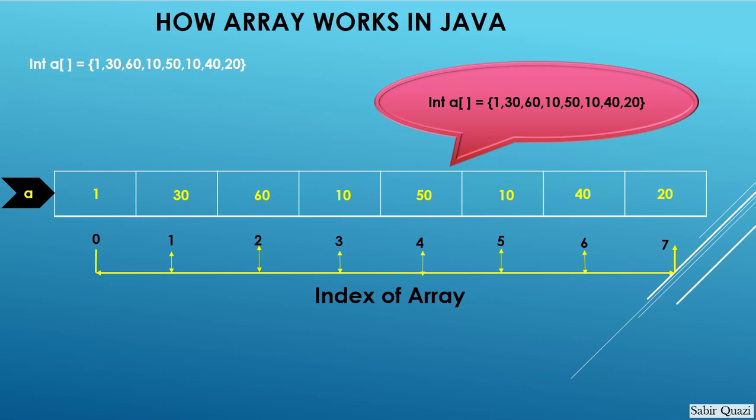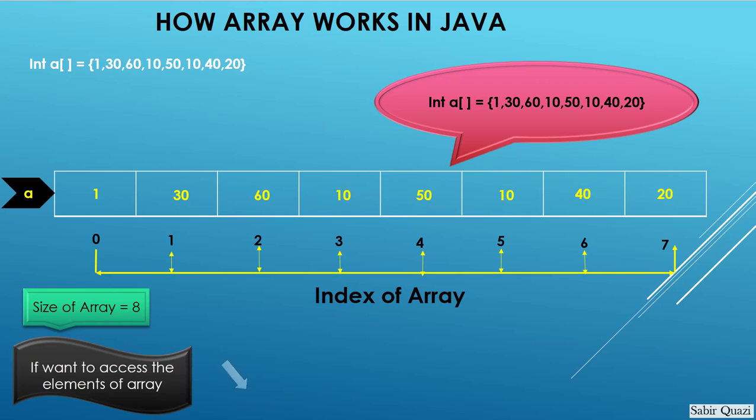One feature of an array is that it starts with index number 0. We can see in this picture, it starts with 0, meaning the first block of the array has index number 0, which holds the first element of the array, and values of arrays are accessed through these index numbers. We will see what the size is later.